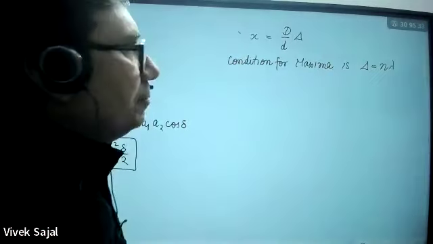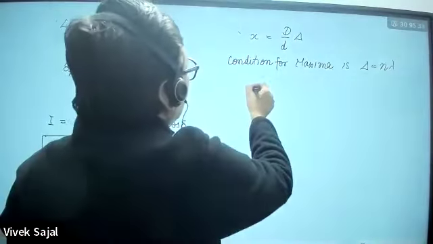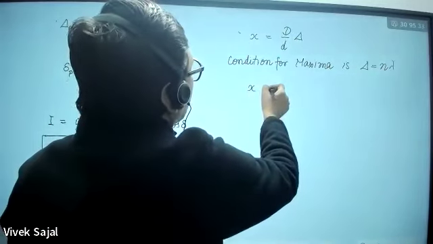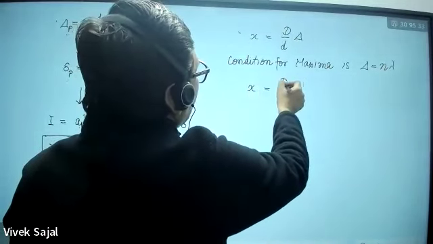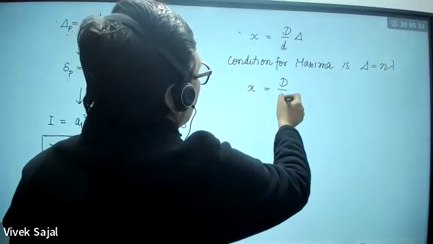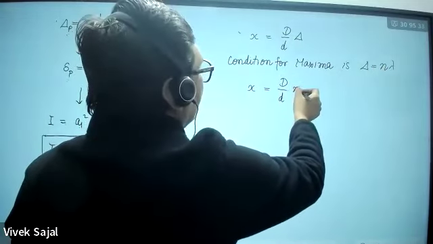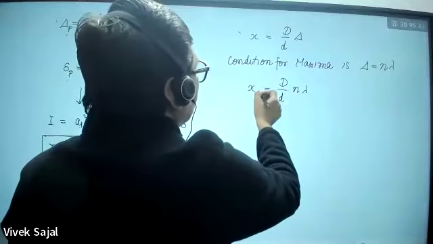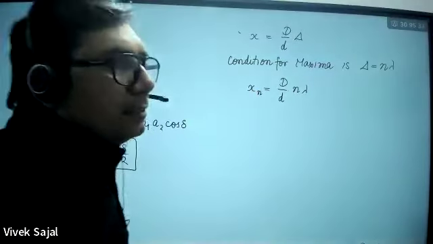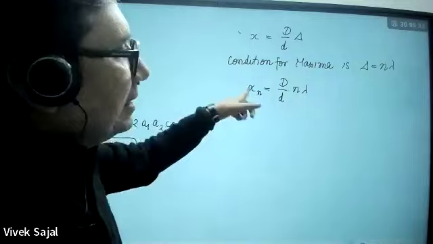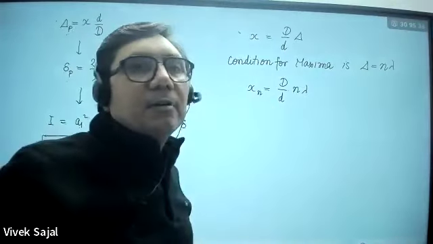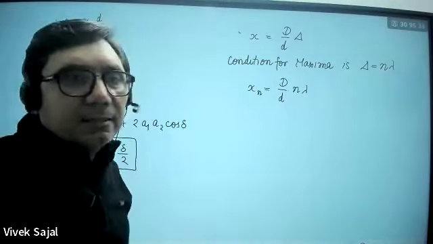The nth maxima you are going to get where the path difference is n lambda. So you can say this is the distance of the nth interference maxima from the center of the screen.